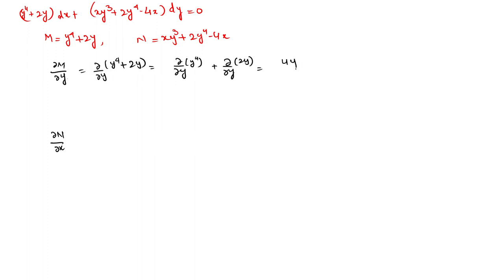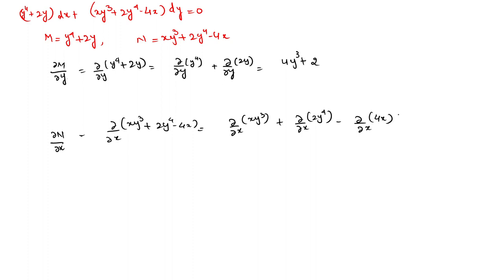So it is 4y cube plus 2. Similarly, for N, we have xy cube plus 2y^4 minus 4x, again differentiating term by term.